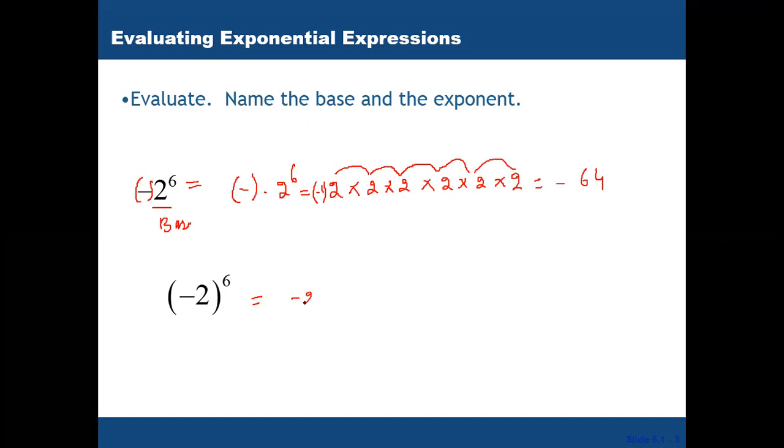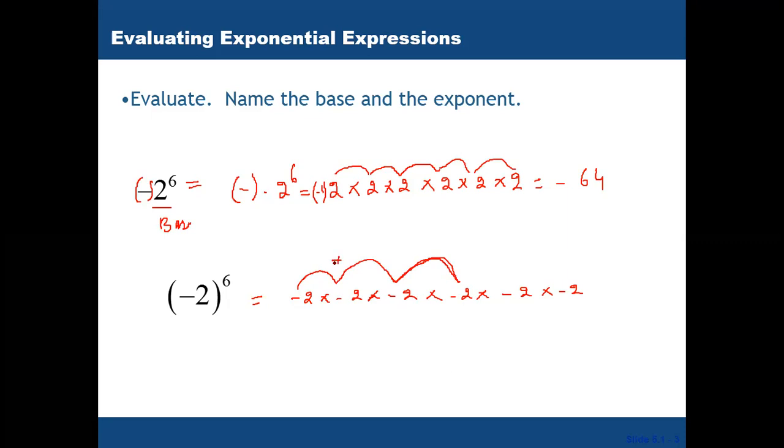Now with brackets, minus 2 whole power 6. This means minus 2 multiplied with minus 2, multiplied with minus 2, multiplied with minus 2, then multiplied with minus 2, and multiplied with minus 2. You know that minus 2 multiplied with minus 2 equals plus 4. Then this is plus 4 times minus 2, which is minus 8. Then again with this one equals 16 but plus.